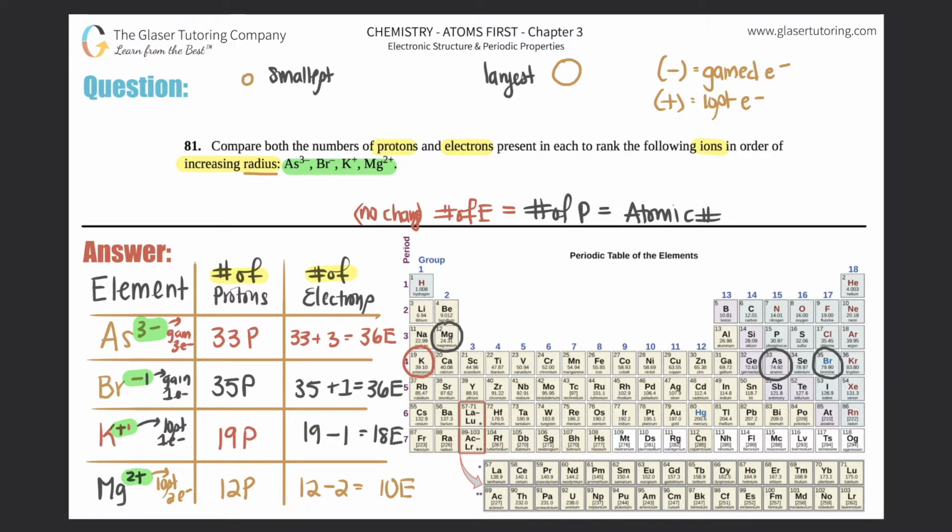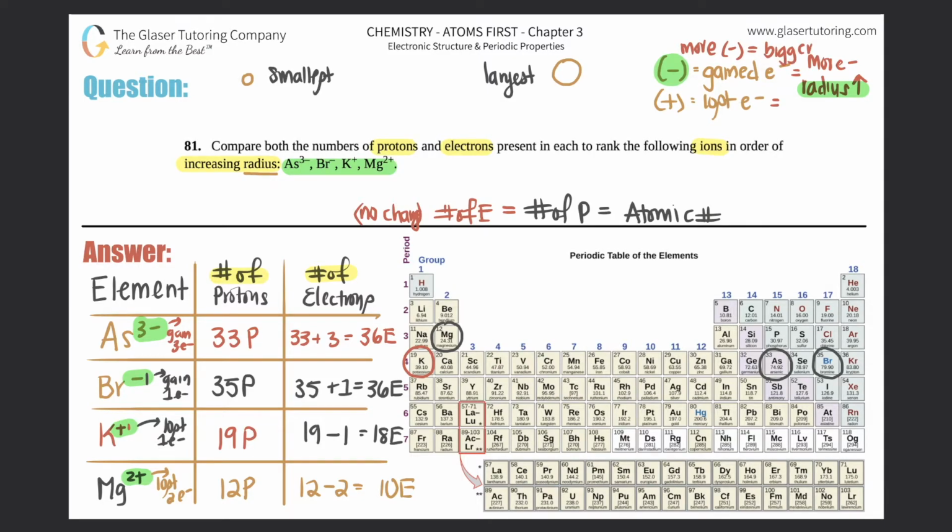Now, rule of thumb. Here is what we've got to memorize. If you're more negative, you actually gain in distance of your ion. So we'll just say that your radius increases. Whenever you have a negative charge, your radius will always increase. And the more negative, bigger radius.